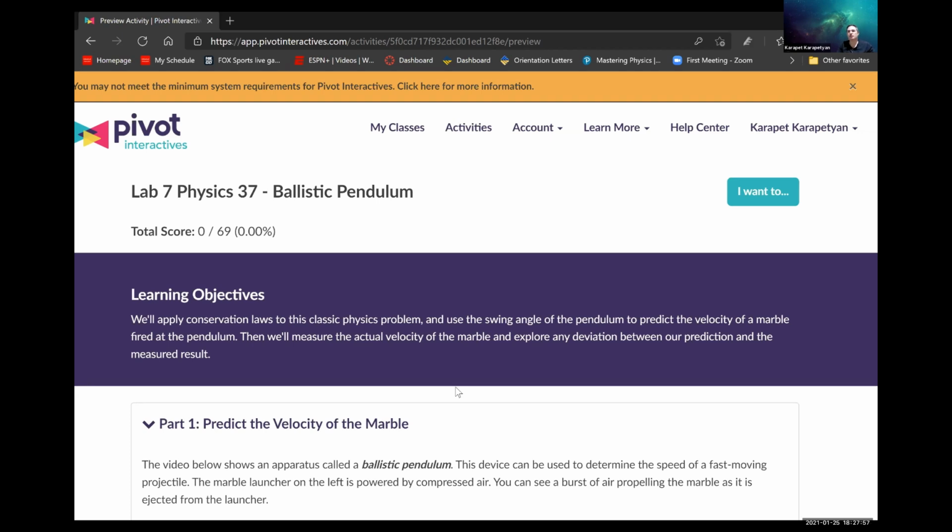You can still do those measurements. Okay. The idea here is to understand that when you're calculating the velocity of the marble using those two different methods, you will get different values only because you also need to take air into account, which you don't in part one.